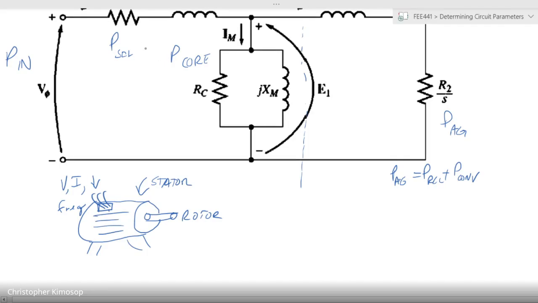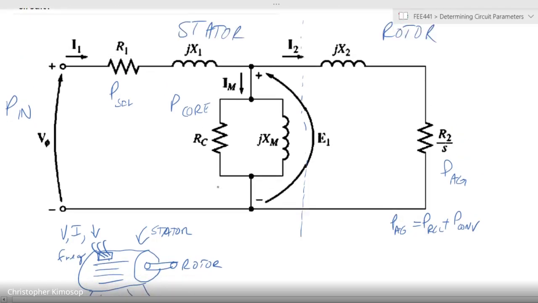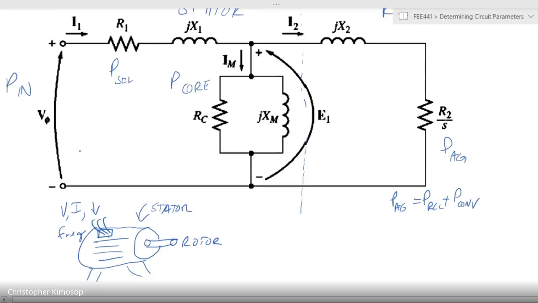You would want to get the items that you have. So you have your elements, the resistances and the impedances and so on and so forth. You want to get all of those. However, you are mainly restricted to certain aspects of the motor itself, which is you can control the voltage, the current, the frequency that you put in, and you're able to measure these with the equipment that you would have.